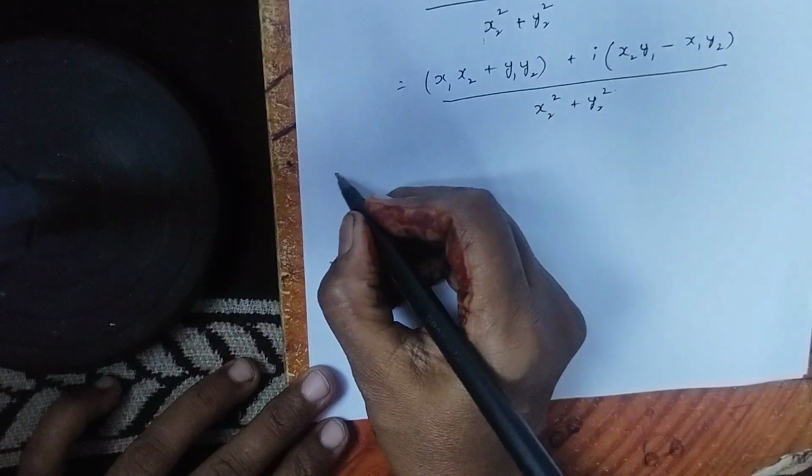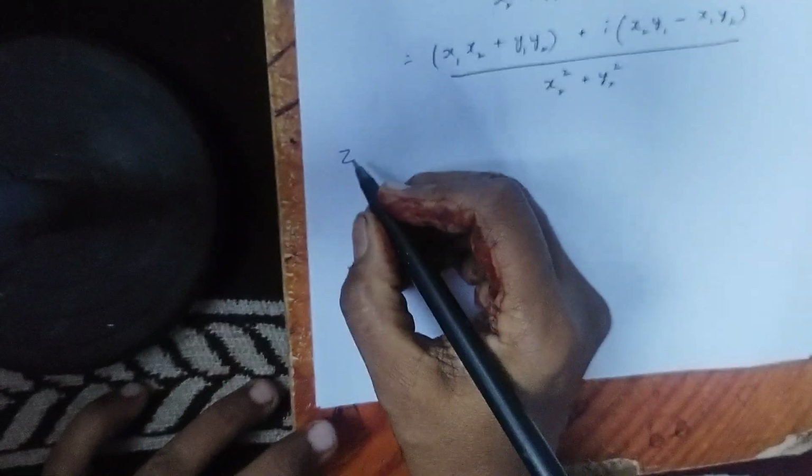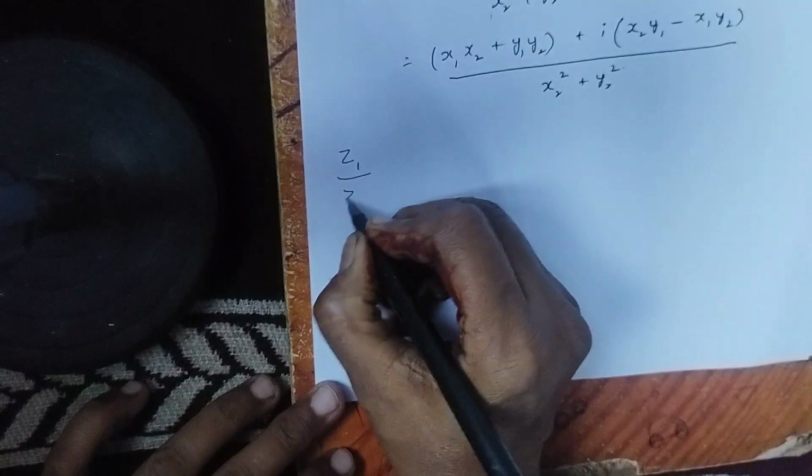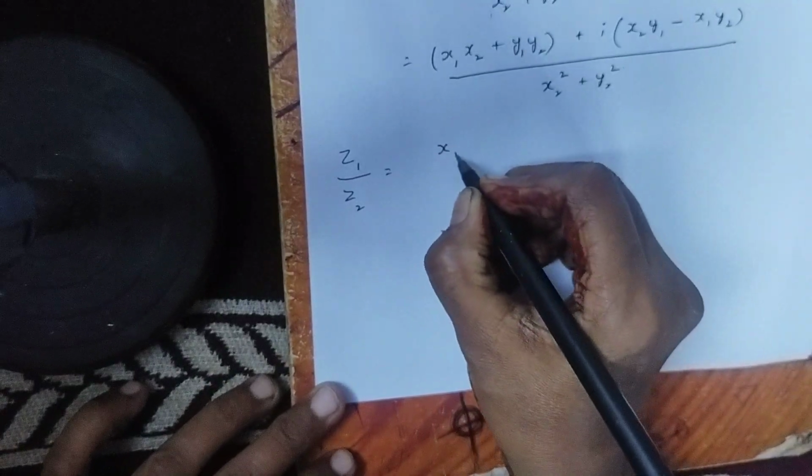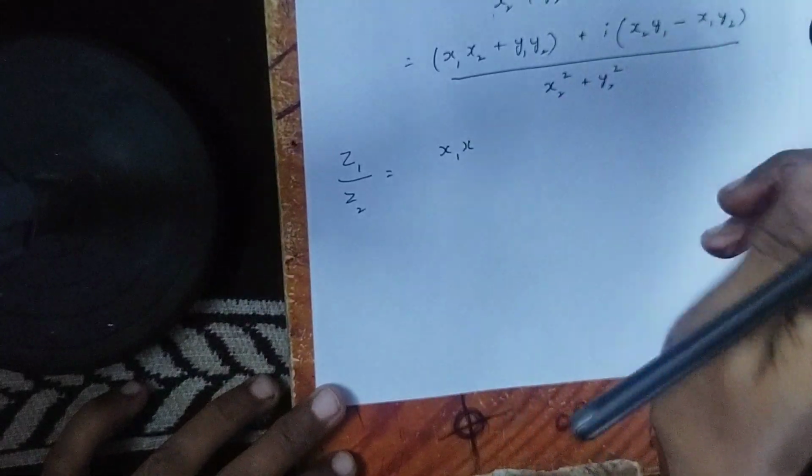Now lastly, z1/z2 equals the real part. How do we separate real and imaginary parts?